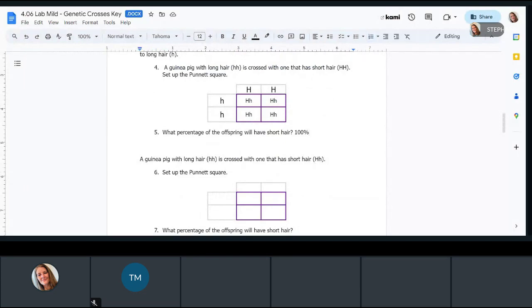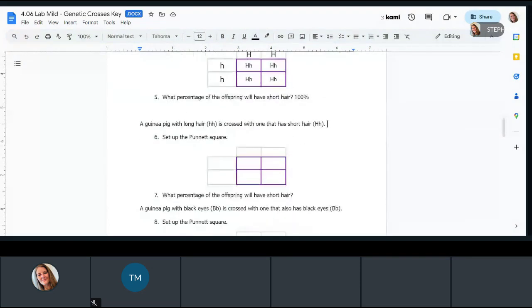Okay. All right, let's look at this one. So now we have a guinea pig with long hair, little h, little h. So we can put that in the top one, little h, little h.